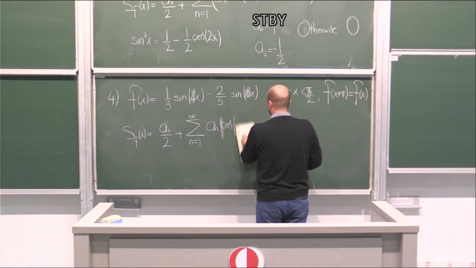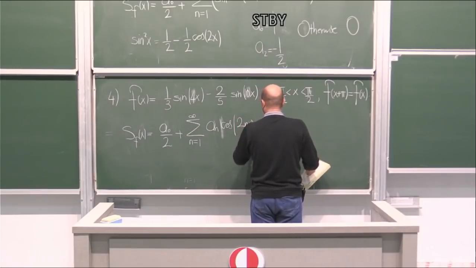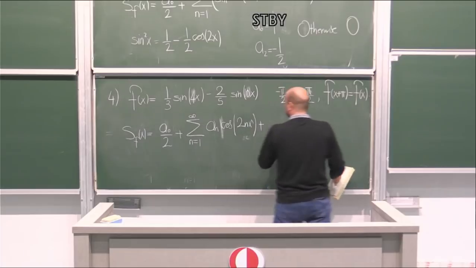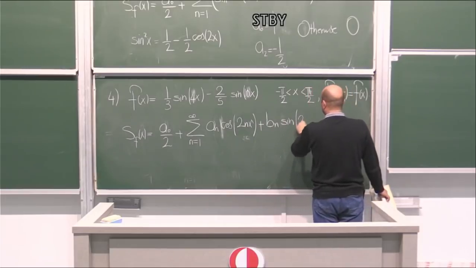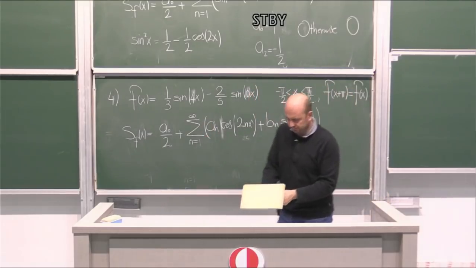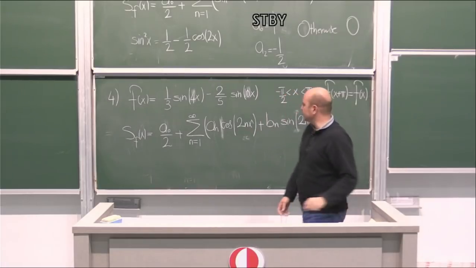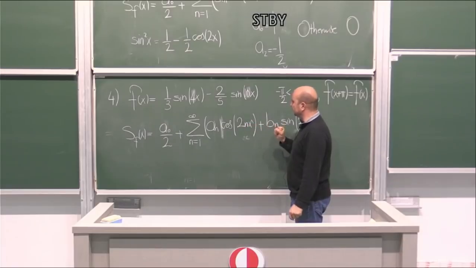So it's a n cosine 2nx plus b n sine 2nx. This is what we had. It says that in the expansion you will have even integer multiples of x.